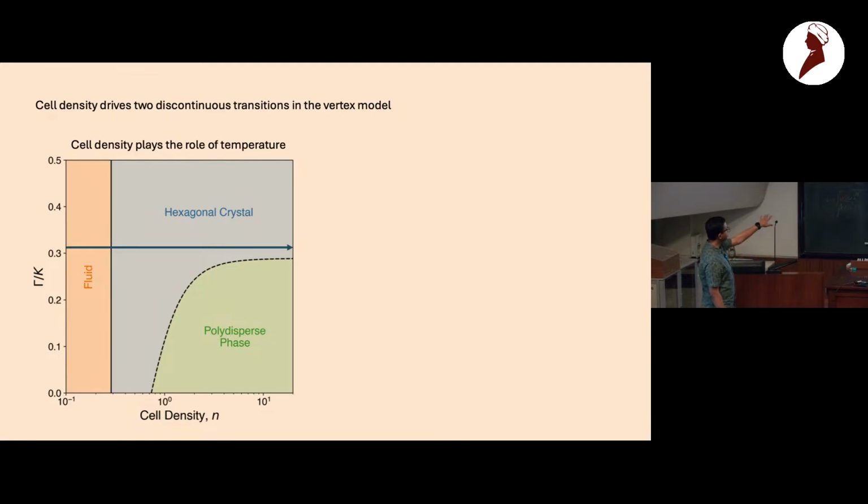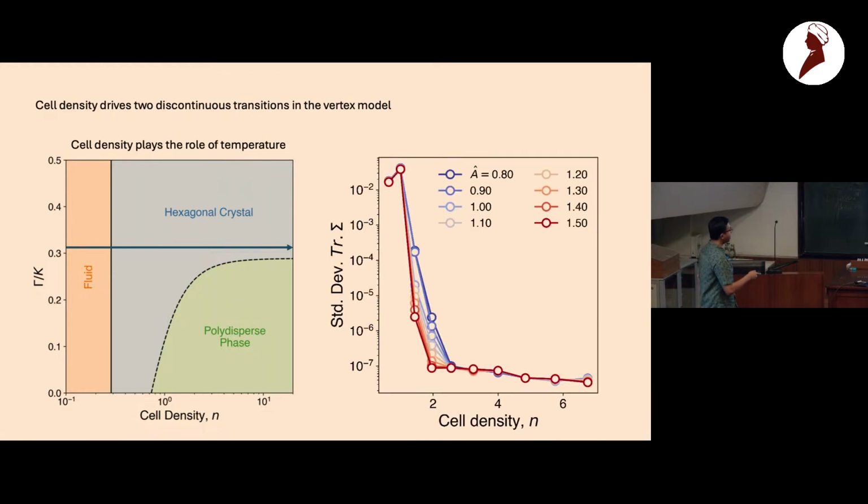So let's look at this particular one, and we are going to do a quasi-static simulation, which means at constant density. We measure the standard deviation of trace sigma, which is nothing but stress fluctuation. These are constant volume simulations, so we cannot measure volume or enthalpy as a measure of glass transition. So what we measure is stress fluctuation. If the stress fluctuation is large, you are in the fluid state.